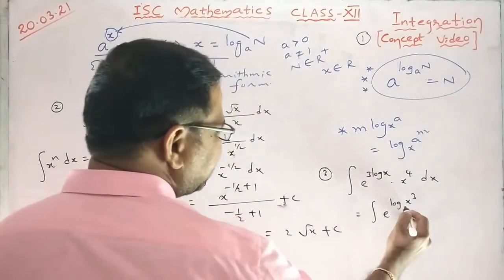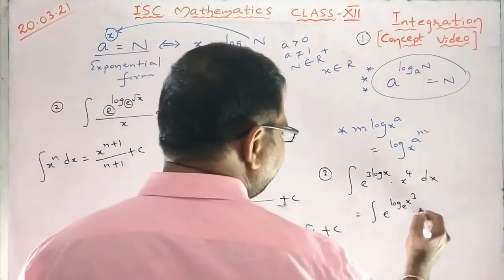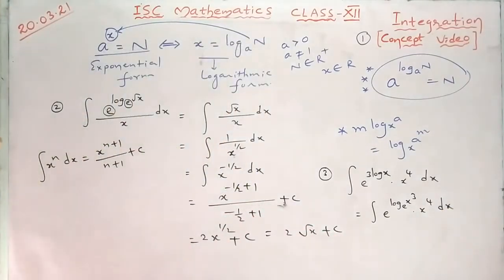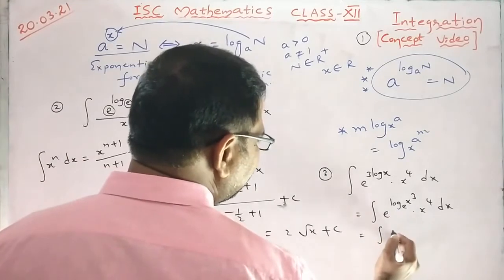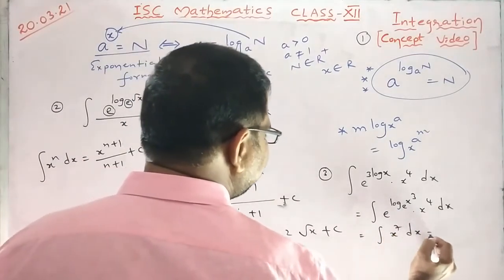If there is no base, what should you take? e, don't forget that. If there is no base in the given logarithm, consider it as e. So e same, so I can write x cube directly here. Already x power 4 is there, so x power 7 dx.